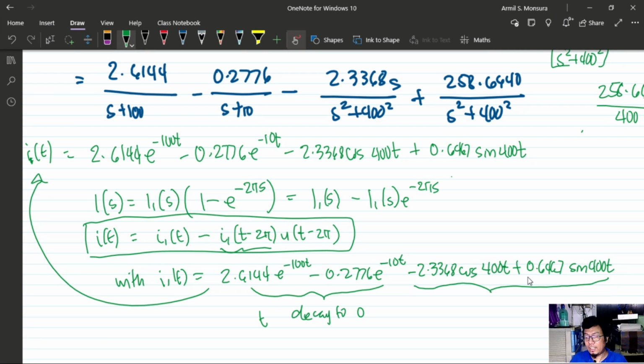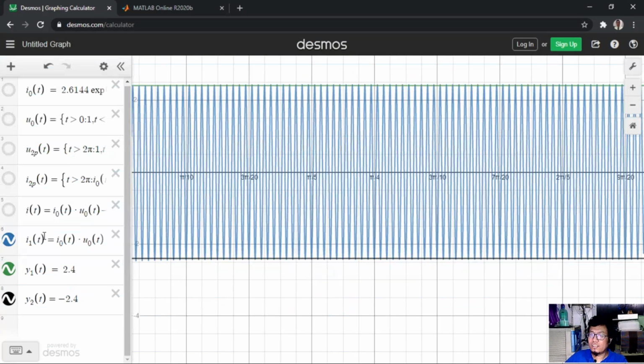Now, if we actually delay that by 2 pi, you would have the same version of that. It's just that the function would start from 2 pi. So, essentially, ito yun.